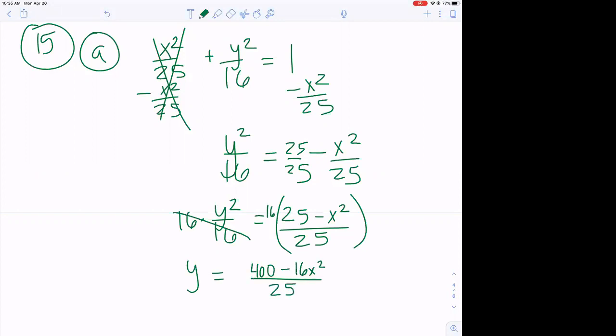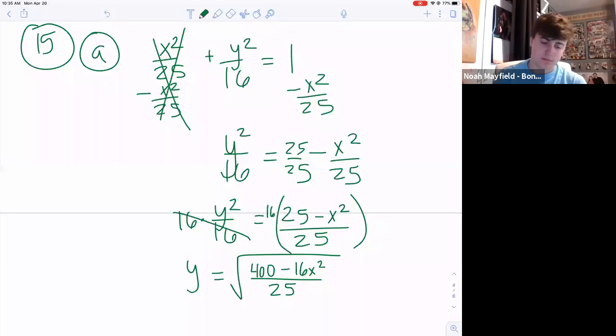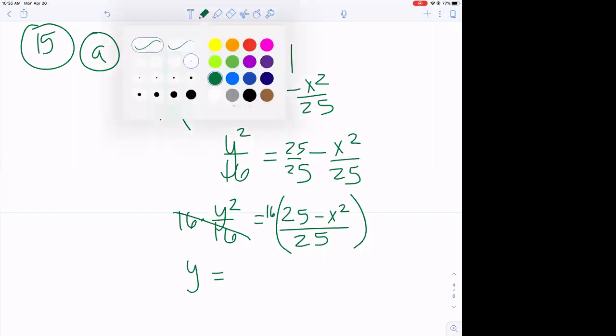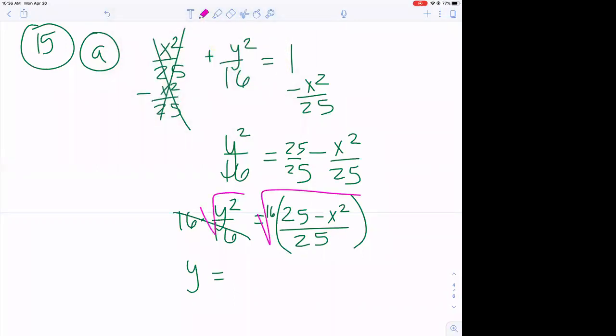So this would be, actually, hang on, no, let's not distribute that. Let's just square root this. Because if we square root this right here, we can square root the 4 and the 25. We can't square root the 25 minus x squared because it's got the subtraction, so it's stuck. But this would be 4 times the root of 25 minus x squared, over 5. And that's what y would equal. Oh, this still has a root on it though.